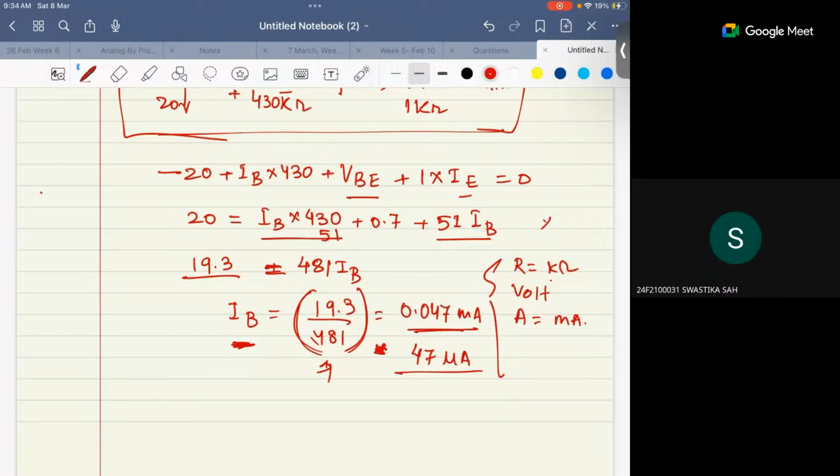So your current will simply come out in milliampere itself. V equals IR, right? So if this is in kilo ohm and this is in microampere, your voltage will be in the normal volt itself. So you don't have to write it everywhere. You just do the calculation, and in the end you will get the result in milliampere itself. For this case it was microampere because the base current normally comes out to be very small.